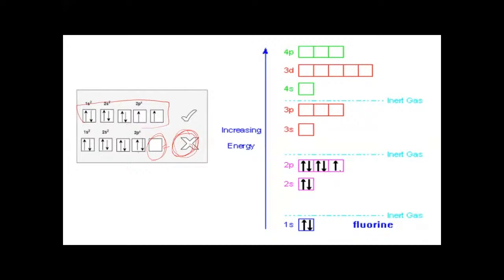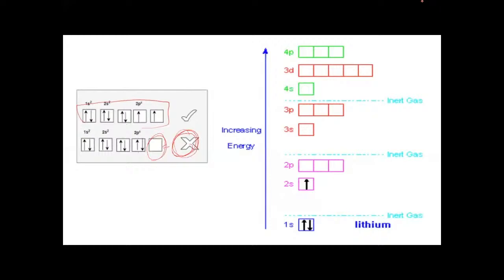So this is Pauli exclusion. Singly occupy, pairing, single, single, single. Now pairing, pairing, then singly occupy, and then pairing. So this is the method by which we fill electrons in atomic orbitals.